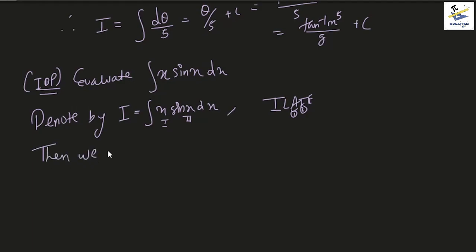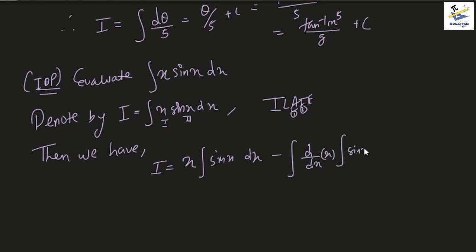Then we have I equals x into the integral of sin x dx, minus the integral of the derivative of x, which is d/dx of x, into the integral of sin x dx, and the whole thing is dx here, right?